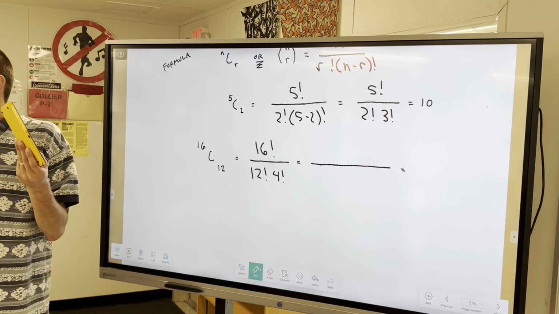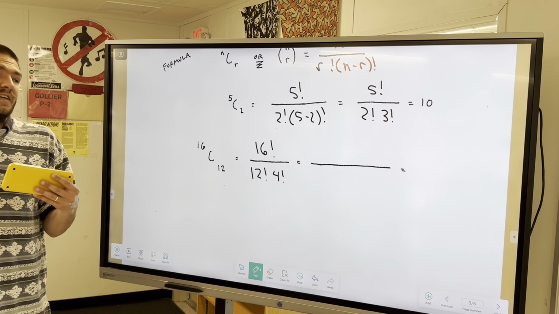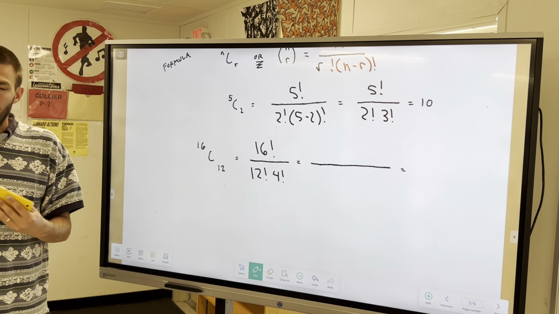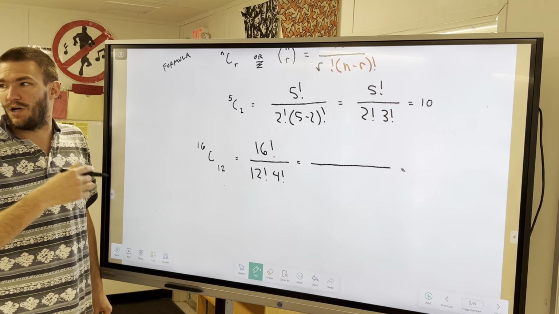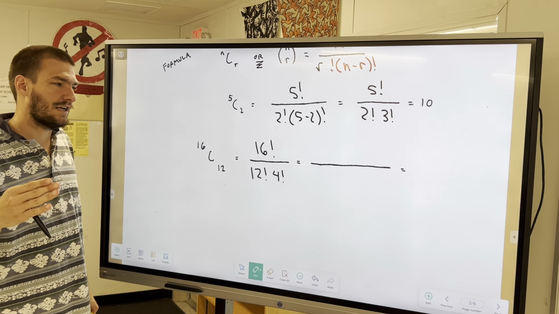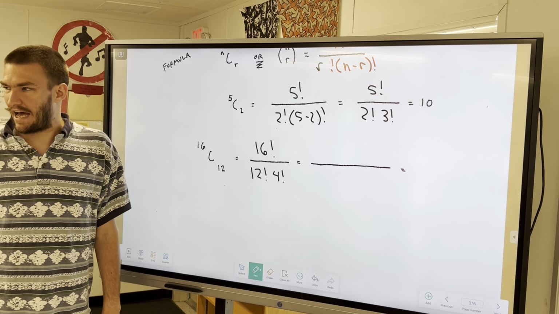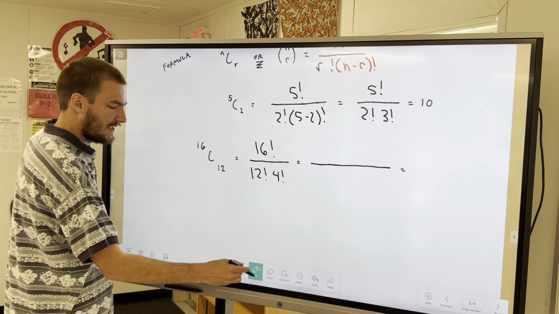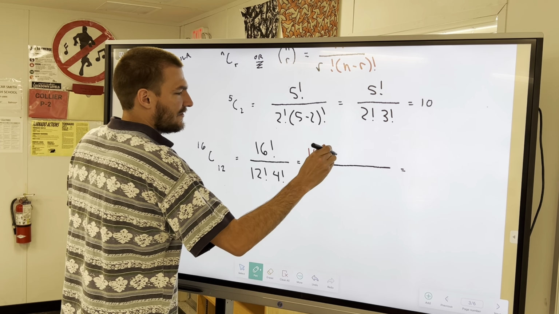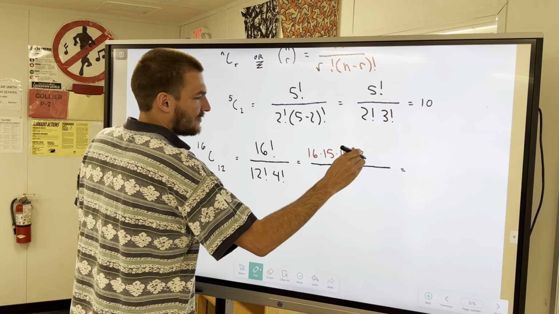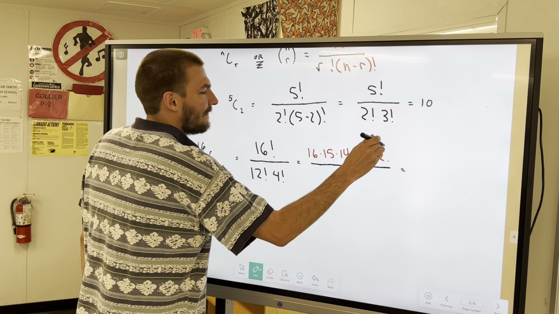Now, again, the way that this works is that factorials are super repetitive, and so this 12 factorial on the bottom is gonna get rid of everything after 12 of the 16. So let me elaborate on that because it's hard to just talk about. 16 times 15 times 14 times 13 times 12 factorial.